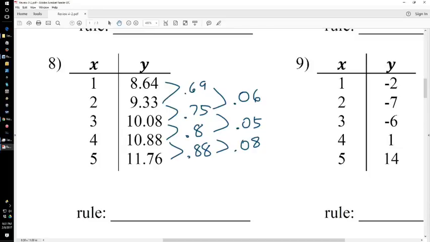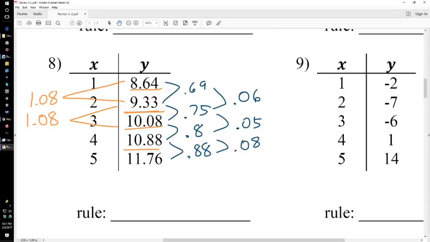I'll do it on the left in a different color. If I take 9.33 and divide it by 8.64, I get 1.079. So let's round that to 1.08. Let's do the same thing with the 10.08. 10.08 divided by 9.33 equals 1.0804. Well, okay, that still rounds to 1.08.